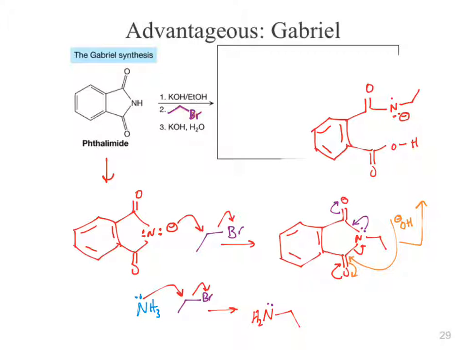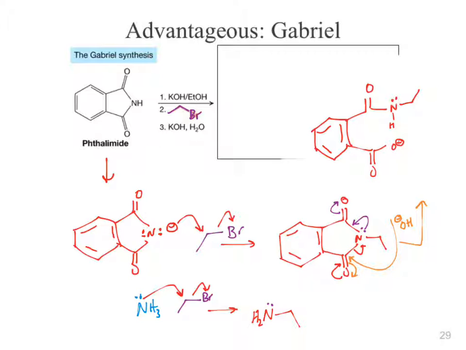We'd have that negative nitrogen. The negative nitrogen deprotonates the hydrogen. We'd have NH. This would now be negatively charged. So that one that was a tertiary is now a secondary. But what functional group do I have?